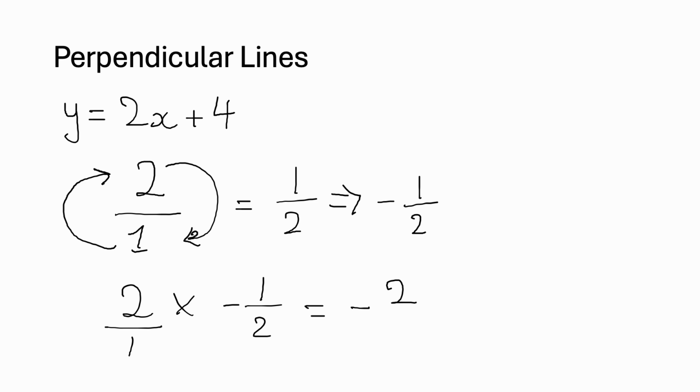And 1 times 2 is 2. 2 divided by 2 is 1. So we get negative 1. So that's essentially a way to prove that two lines are perpendicular to each other, as their gradients multiply each other to make negative 1.